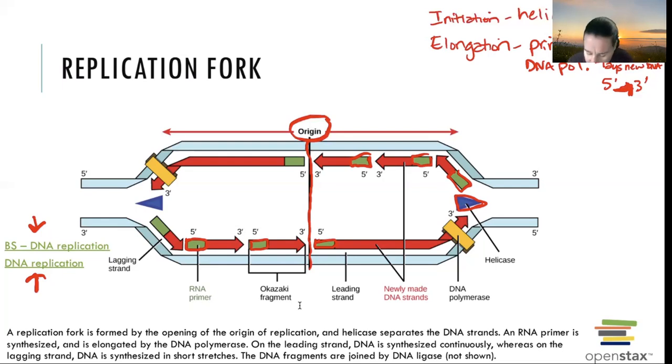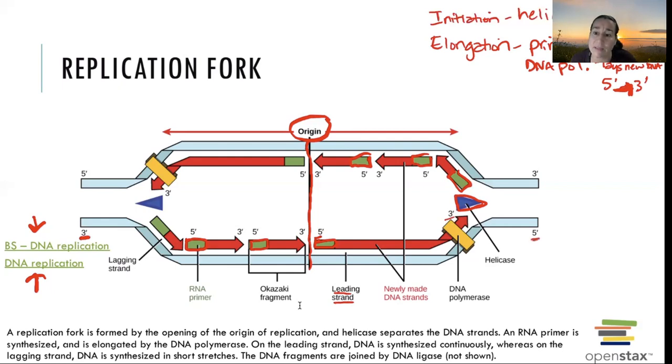So if you see these guys, we can see that there were green spots where the RNA primer is, and then there is the new DNA being laid down in red. And if you notice that some of these areas are going to have long stretches and some of these are going to have short stretches. So the long stretch, this guy is called the leading strand. It's the leading strand because DNA pol is going to lay down the polymerase in this one direction. Remember, it lays down in 5' to 3', which is perfect because this strand that it's laying it on, this is 3' here and 5' here.